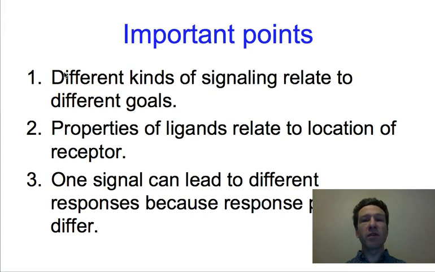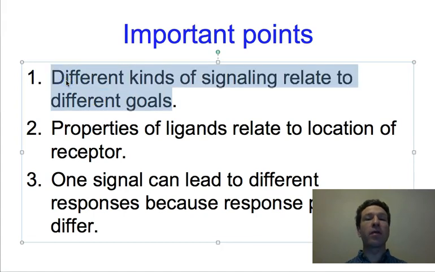To summarize a few important points from the material we've covered today, first, I want you to remember that different kinds of signaling relate to different goals. So think about the goals of synaptic signaling, which is to send a message very quickly, always to the same recipient cell, compared to paracrine signaling, which is to send a signal short distances to neighboring cells, compared to endocrine signaling, which has a goal of sending a signal a long distance throughout the body.